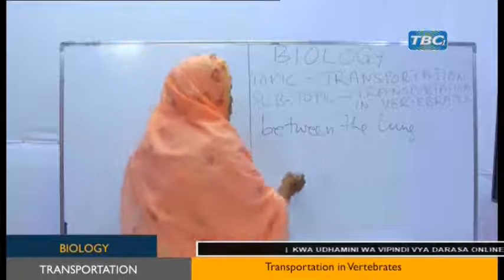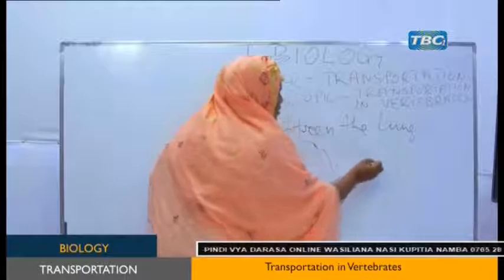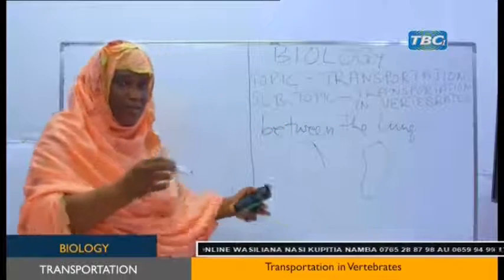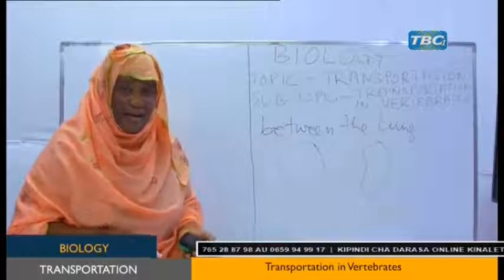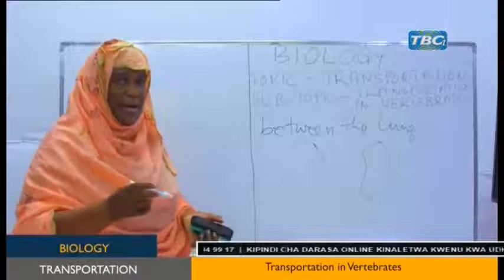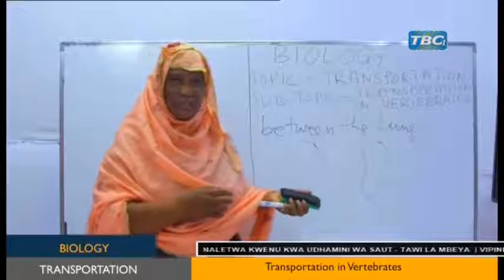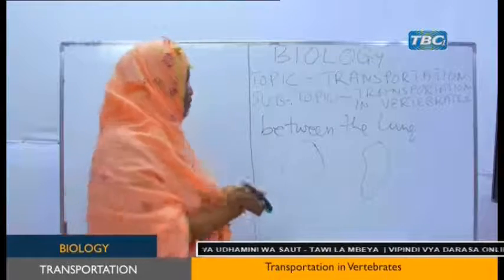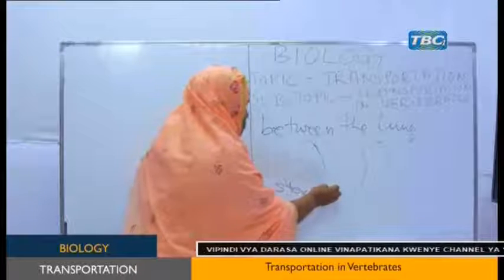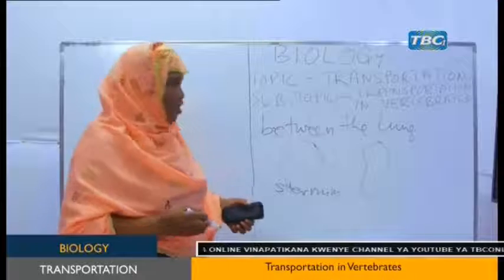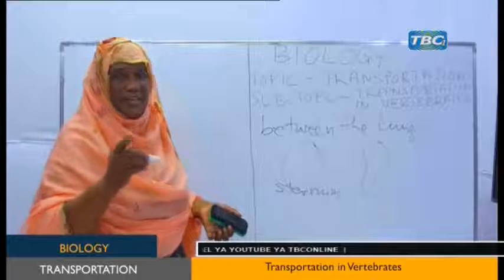Let's say this is the lung and this one is the lung. So in between there, we expect the organ which is known as the heart. Apart from that, it is found beyond the sternum. So in this position, we expect to see the heart.